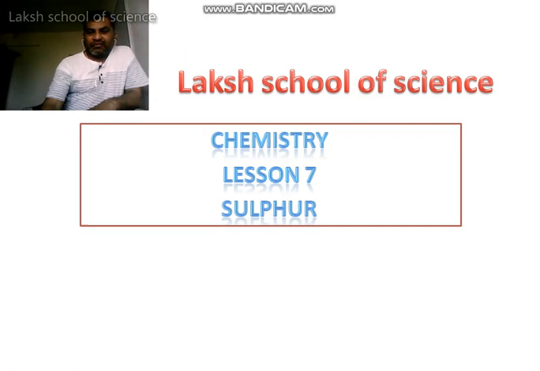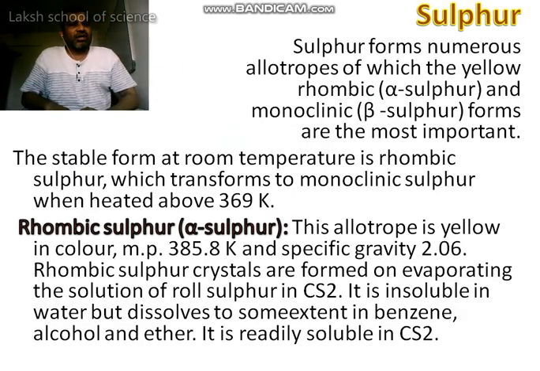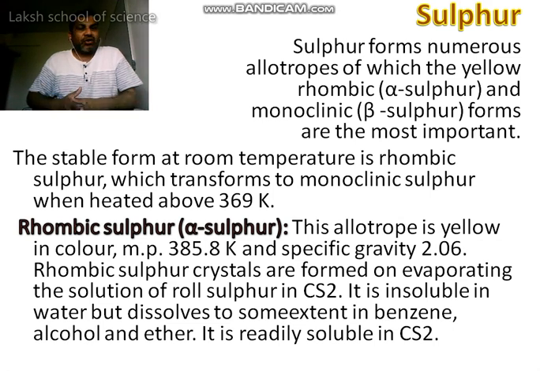First, we will talk about sulfur and its allotropes. Sulfur forms numerous allotropes, of which the yellow rhombic sulfur, or alpha sulfur, and monoclinic sulfur, the beta sulfur, forms are the most important. The stable form at room temperature is rhombic sulfur, which changes to monoclinic sulfur when heated above 369 Kelvin.